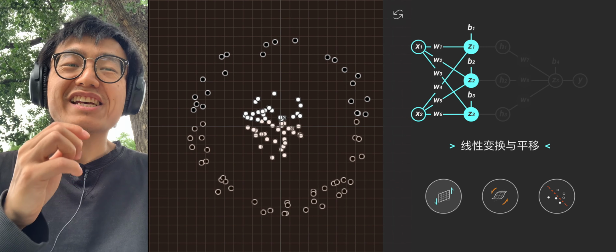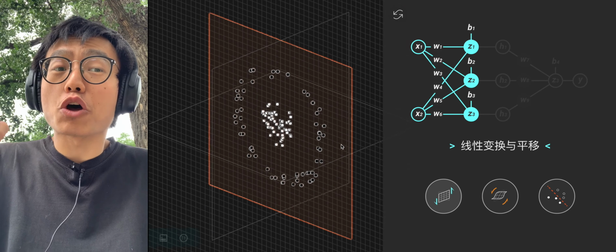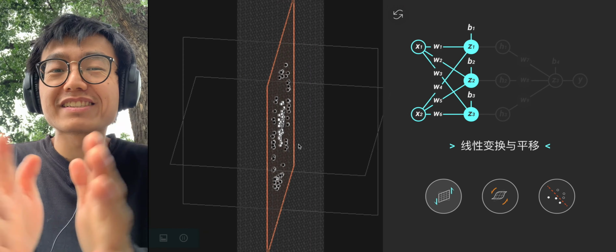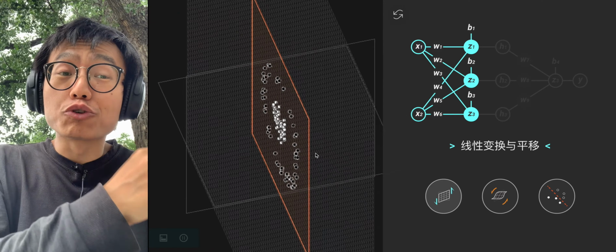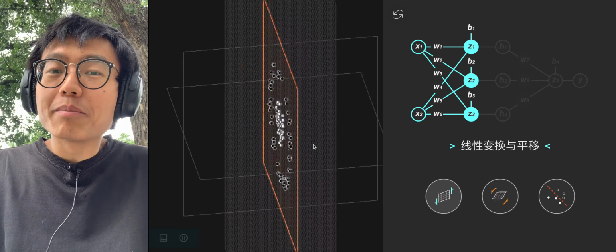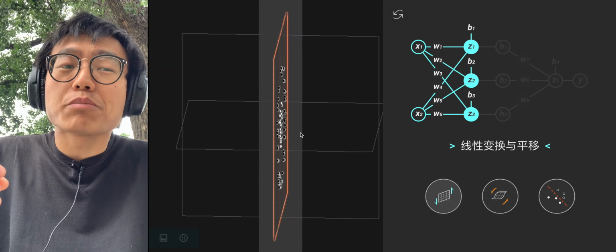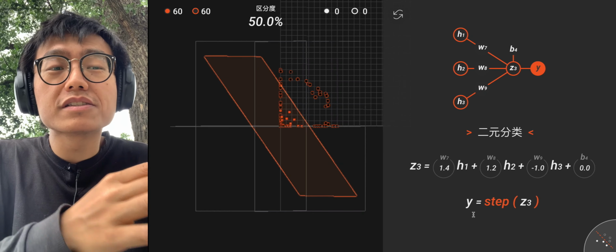Now, let me adjust the angle of view and complete the classification of these dots in 3-dimensional space. Because we add a neuron, the way they are separated is no longer a line, but a surface. But it is still an arduous task to separate these 2 types of points.